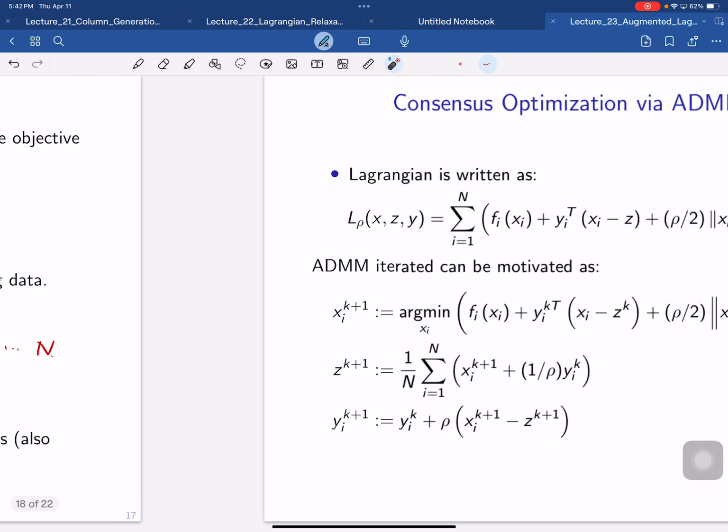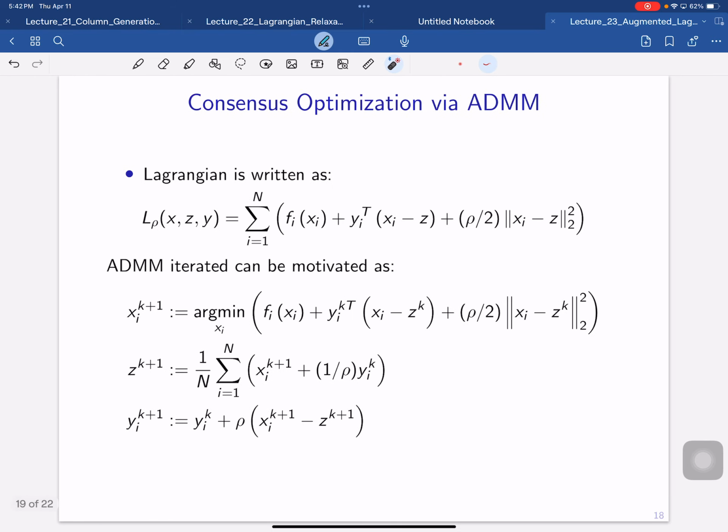And then we can apply ADMM by dualizing those complicating constraints and adding a penalty term to the complicating constraints. And now you solve each of the x_i separately by this augmented Lagrangian type of problem. So this is nothing but an application of ADMM when you want to decompose the problem by its structure.